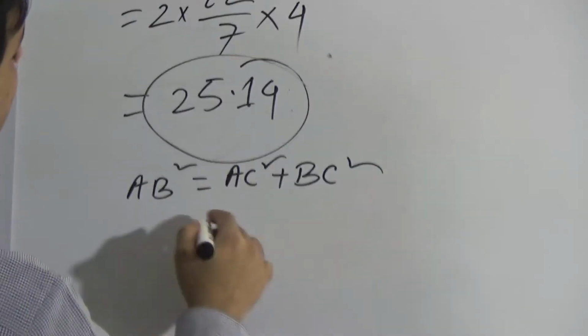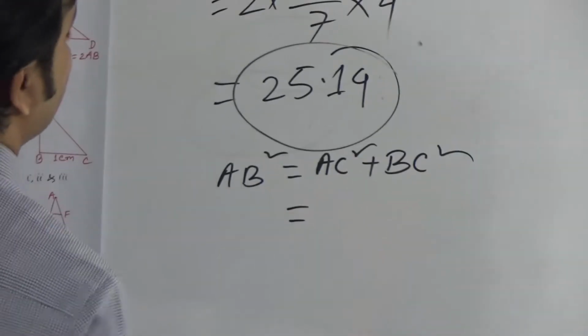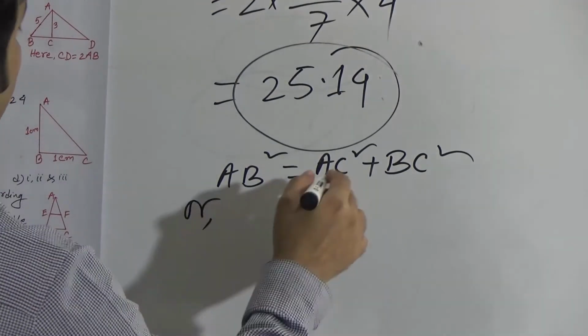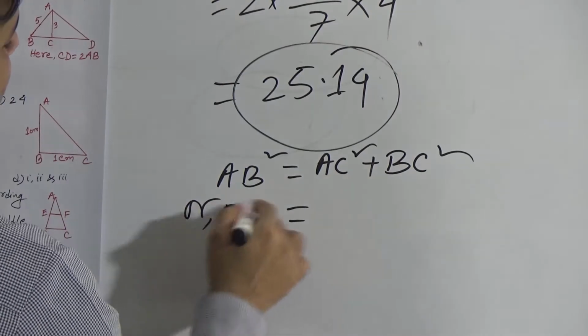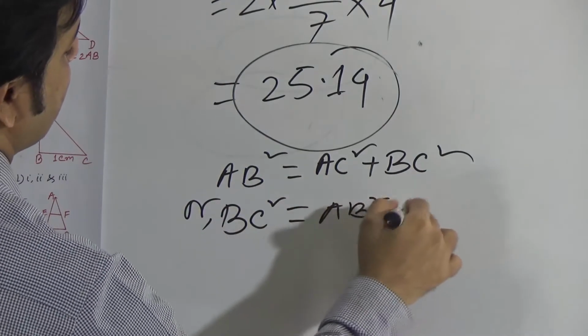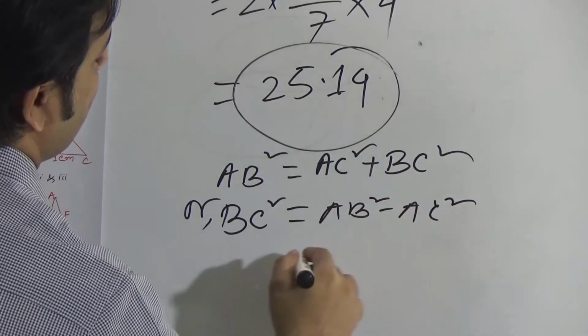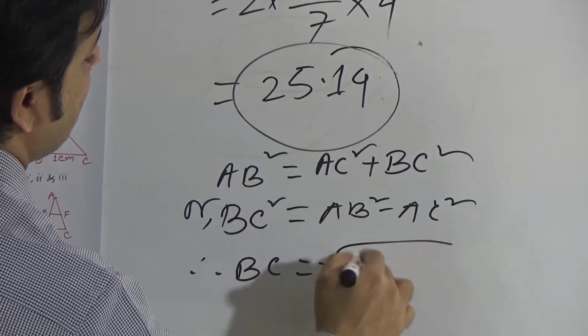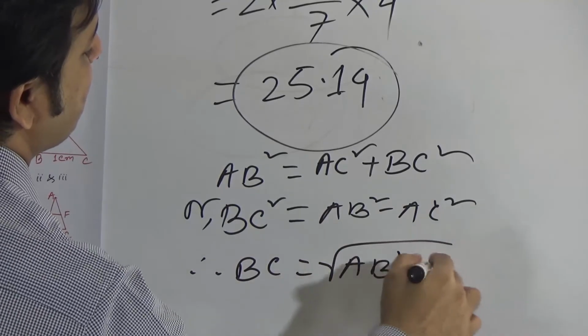As this is a right angle triangle, by the theorem of Pythagoras we can write this. Here the value of BC we need to find, so BC square is AB square minus AC square. Here BC equals square root of AB square minus AC square.